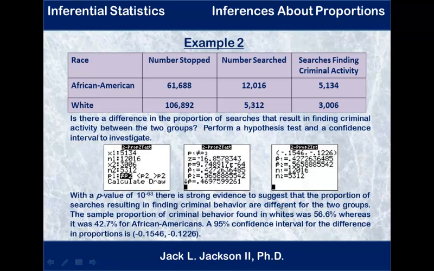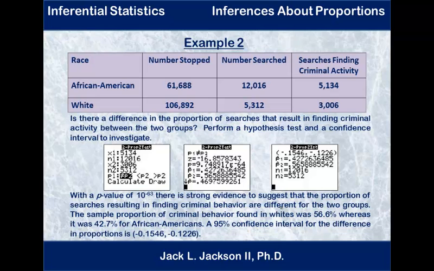Well, if you look at what we have here, a 2 proportion z-test. This time the x1 is 5,134, n1 is 12,016. So the number of searches that find criminal activity is our number of successes, and our sample size is just the number of searches.